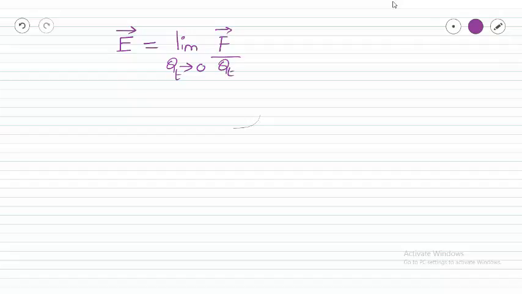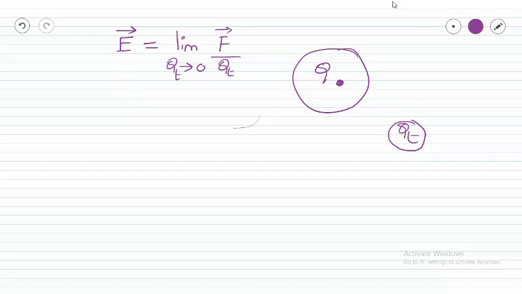So why limit Qt tends to 0? When Qt is brought into the field of Q, because this is where Q is located, some field will be existing around Q. When we bring Qt in the vicinity of Q, the charge of Qt should not disturb the electric field of Q. That means the charge should be small enough such that it will not disturb the electric field around the charge Q. So that is the reason we keep limit Qt tends to 0 of F bar by Qt.